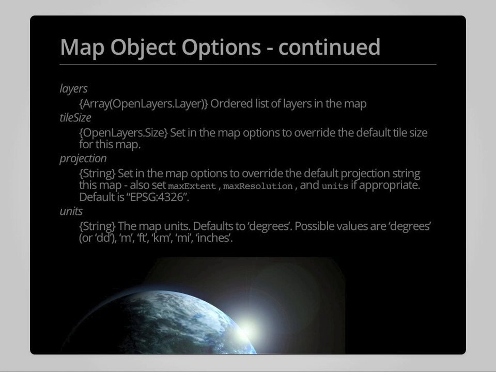You can specify the map units, where the default is degrees or decimal degrees. But depending on the coordinate reference system, the projection you're using, you can specify other map units as well so that the appropriate calculations are done within the map in terms of calculation of scale and other key attributes.